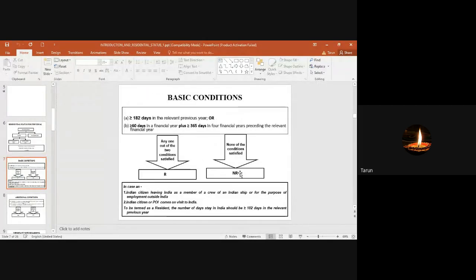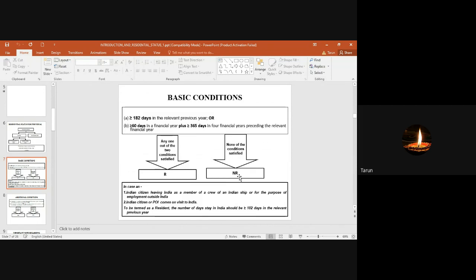Let's talk about the basic conditions of an individual to know the residential status of a particular individual. So these are the basic conditions, right? The two conditions.